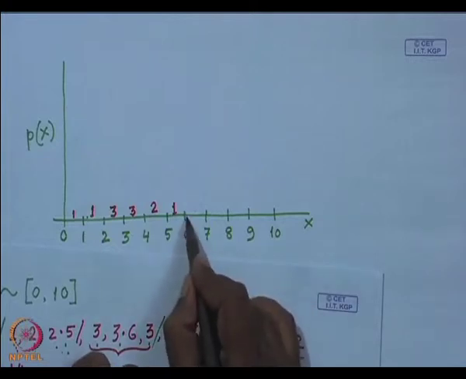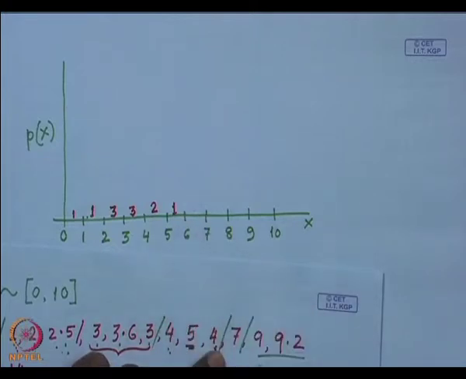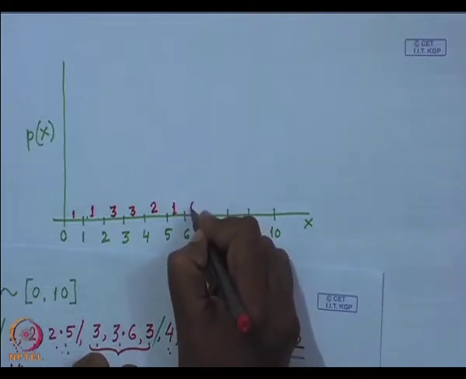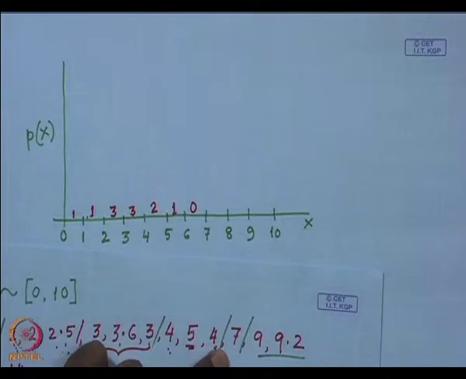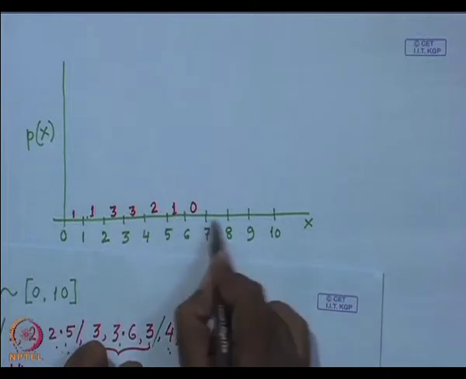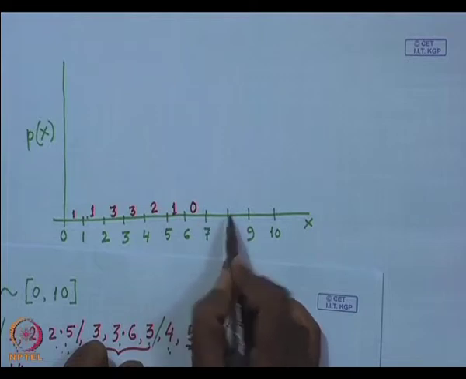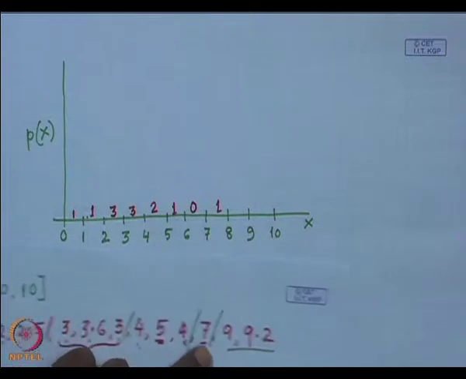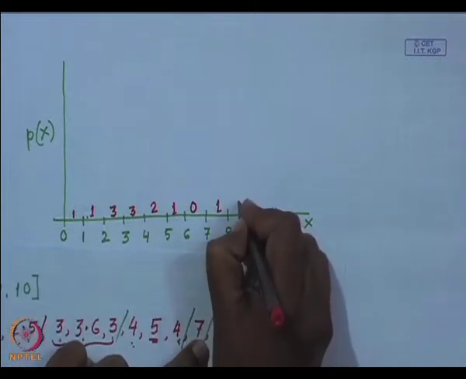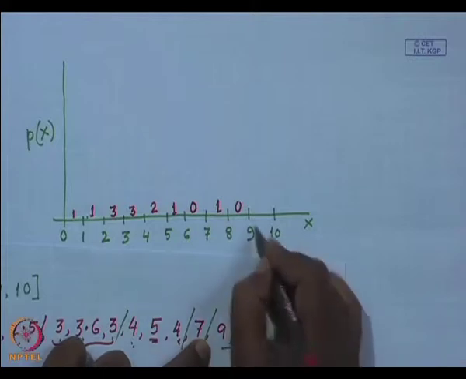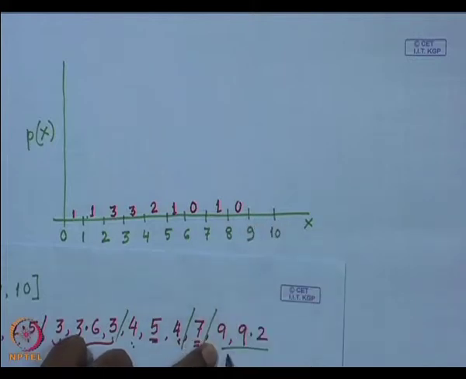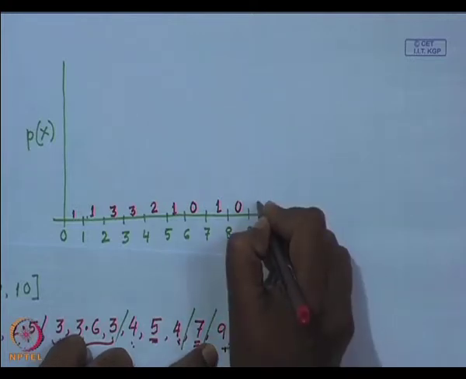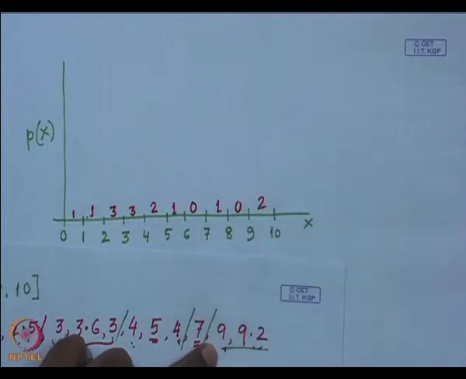The bin with boundaries 6 and 7 has no sample falling in it, so the number of samples is 0. The sample 7 falls in the next bin, with boundaries 7 and 8, so the number of samples there is 1. Again 8 and 9 does not contain any sample. The next one, 9 and 10, contains 2 samples, 9 and 9.2, so the number of samples there is 2.